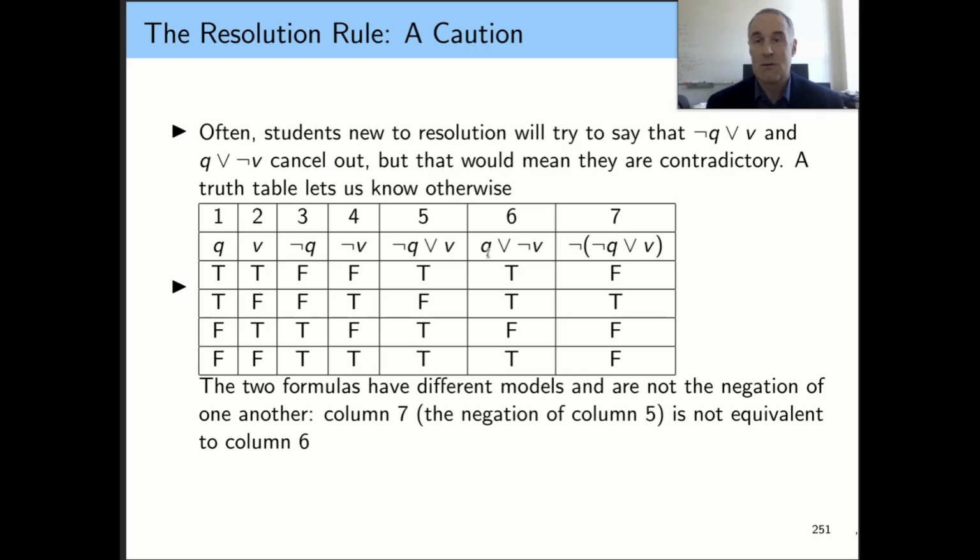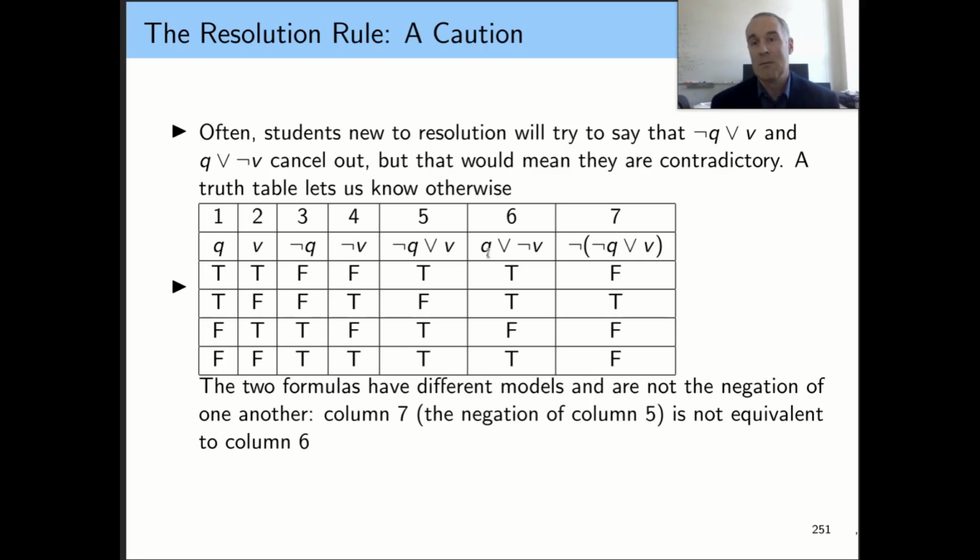If these two formulas were contradictory, then we'd see that 6 and 7 would be identical, as well as 6 and 5 being the mirror image of one another. Right? 6 and 7 are not equivalent. The second formula is not equivalent to the negation of the first formula. So we know we can't do this. We don't have opposites. We cannot resolve them away.